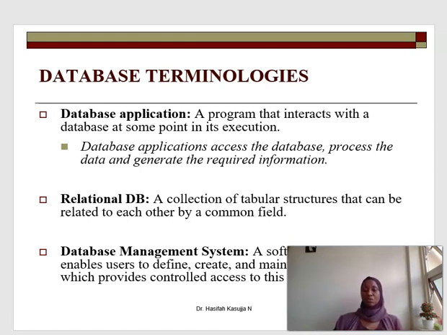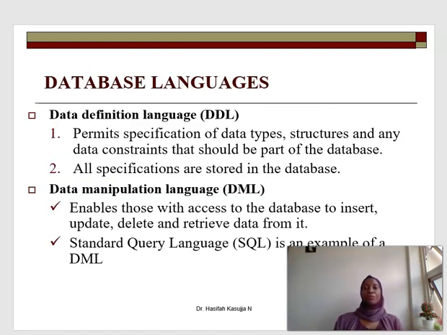Then you have a database management system, the software that helps us to create and maintain, and also to manage the data that is in the database. One thing that you need to delineate is that we have what we call a database, which is the actual data, and then you have the database management system, which is the software that helps us to manage the data that is in the database.